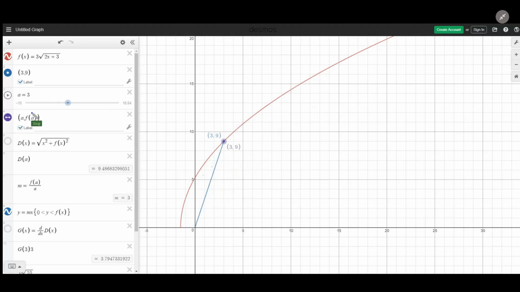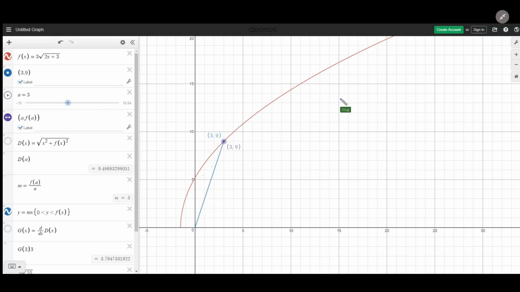So if I want to simplify this, the formula for the distance is the square root of x squared plus, well, if I square this quantity, I get 9 times the quantity 2x plus 3. And if I distribute that, I get plus 18x plus 27.